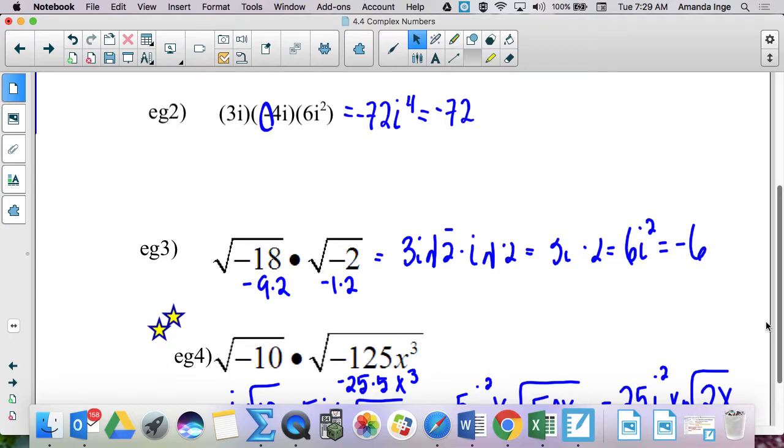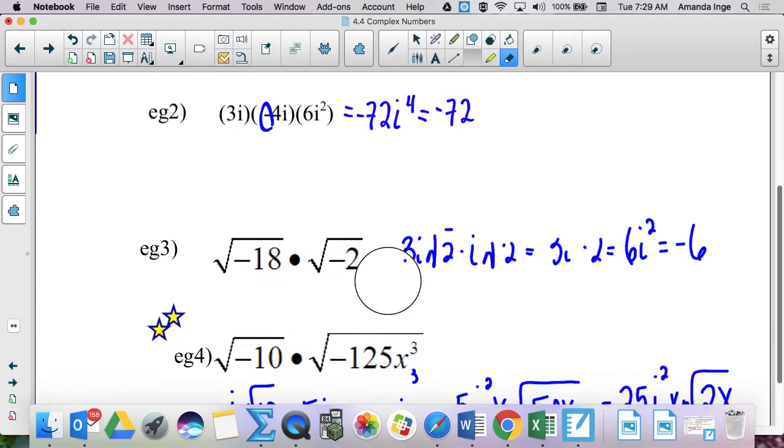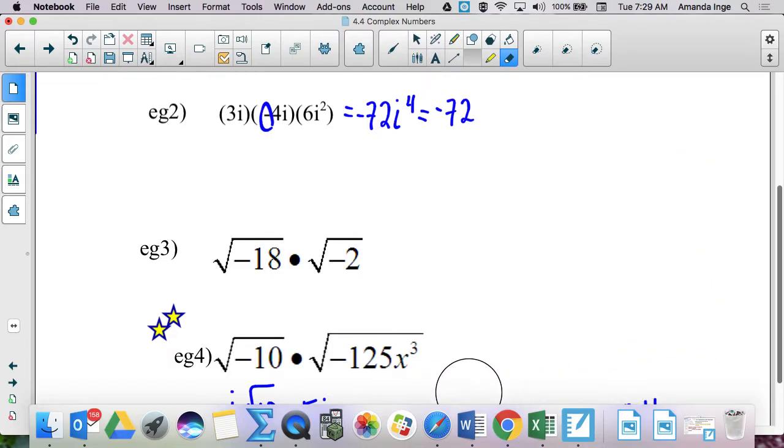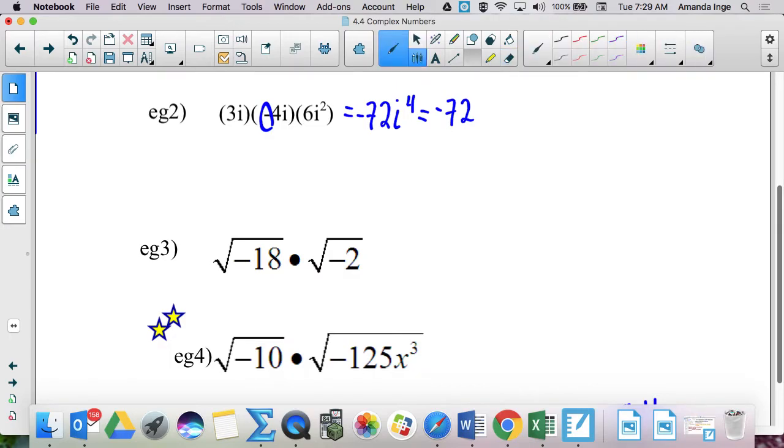So like I said, on my next examples, you can't work these problems unless you change them to imaginary numbers first. Otherwise, you're going to get the wrong answer. So in this case, this is the square root of negative 9 times 2, and this is the square root of negative 2. So in simplest form, this would be 3i square root of 2 times i square root of 2.